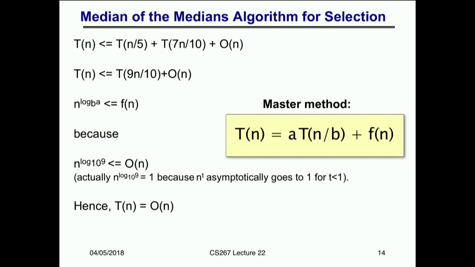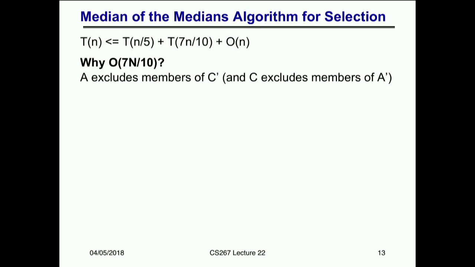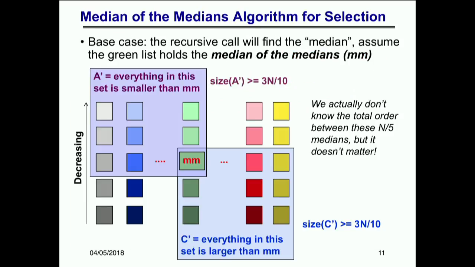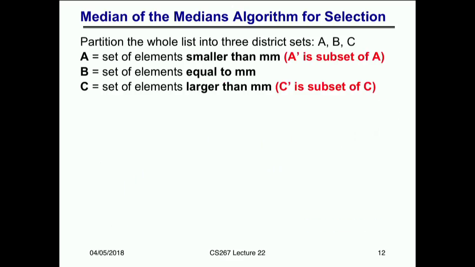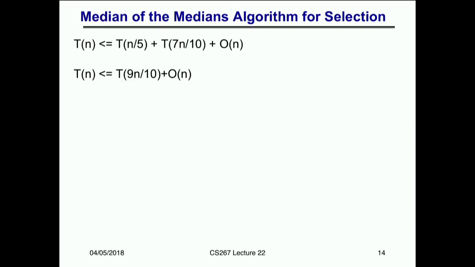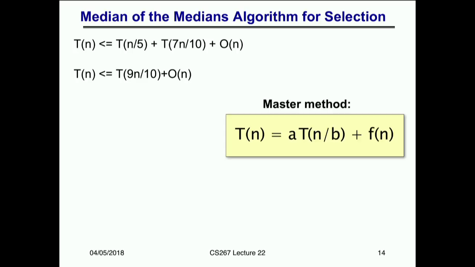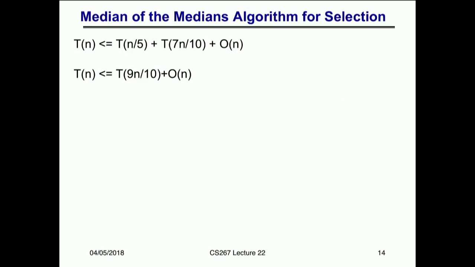That's all. Now you can ask me, why 5 element lists? Why not 4 element lists? When we chose these lists, why does each one have 5 elements? Does it have something to do with the a and b values? Yeah, clearly. First of all, you don't even need to look at the master method.